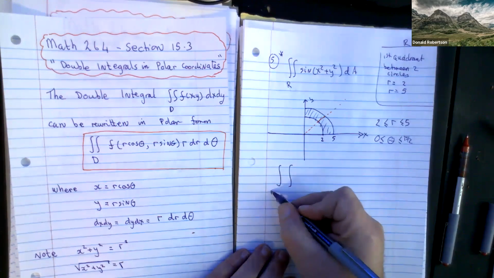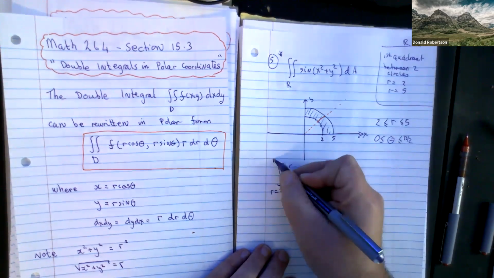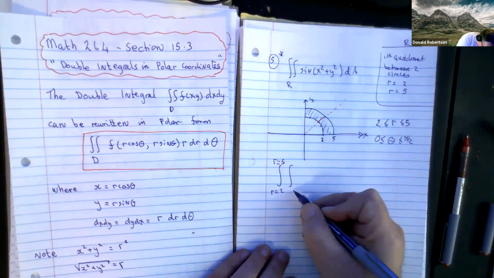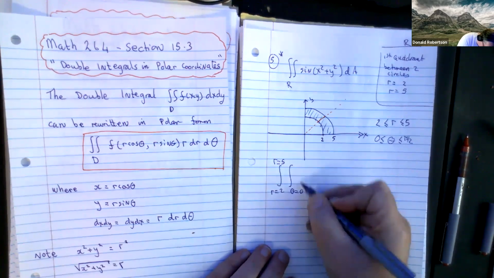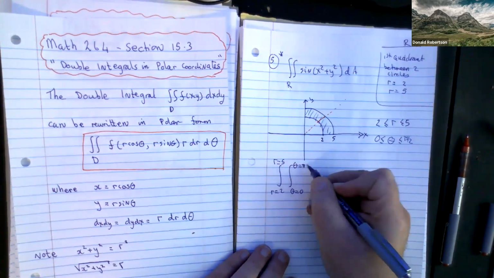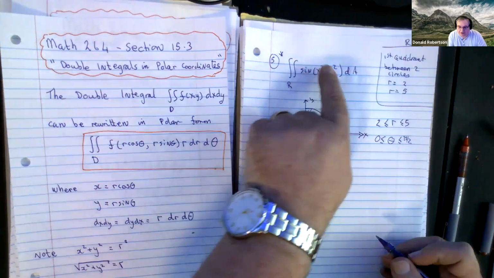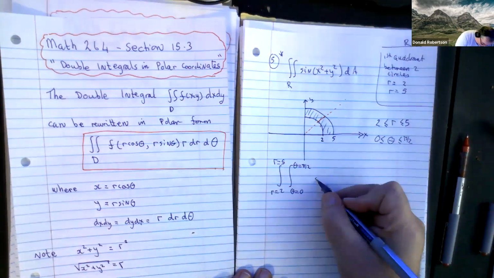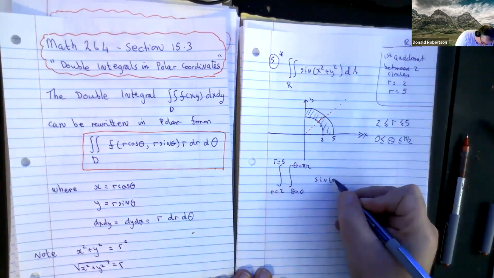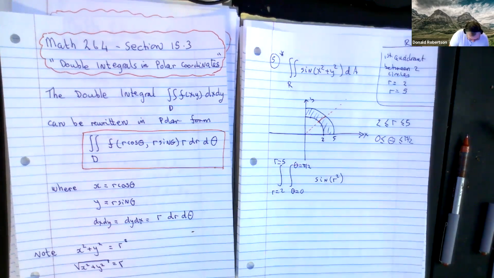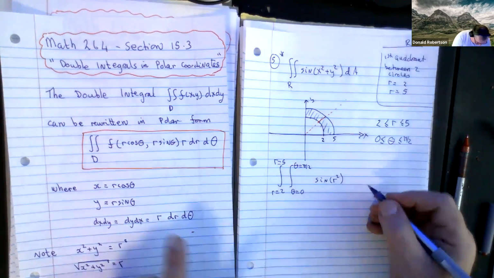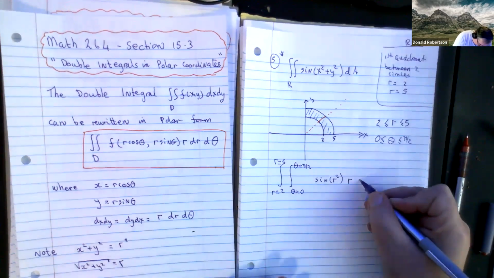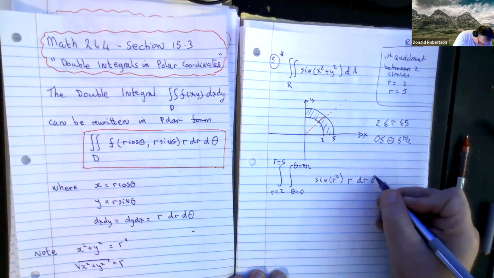No particular reason, I'll do r's first and theta second. The sine of x squared plus y squared actually is the sine of r squared. The dA is going to be an r dr d theta.